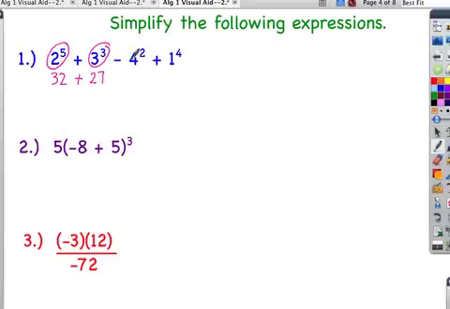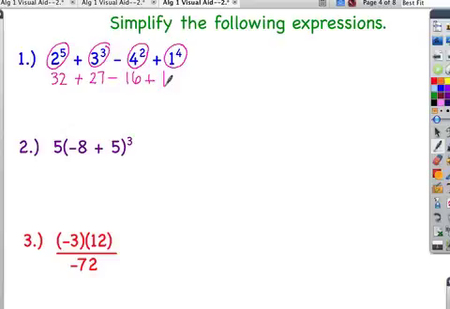Now here I have a choice, but I'm going to put my minus sign down and then do the 4 squared separately. So 4 squared is 16, which is positive. And then 1 to the 4th power. Be careful, this is not 4. It is 1 times 1 times 1 times 1, which is 1.